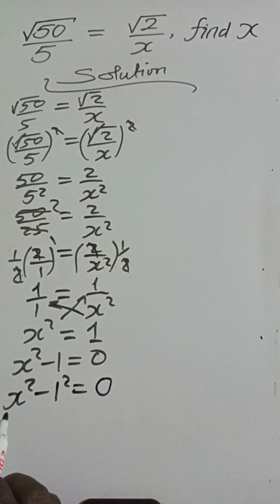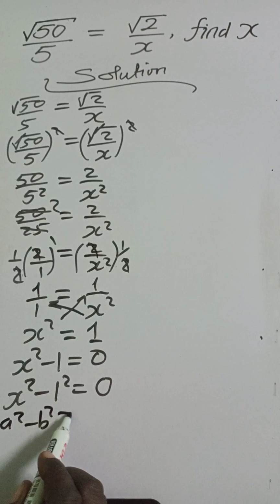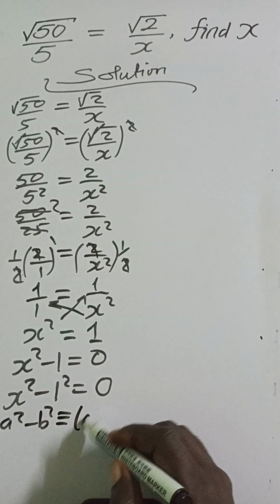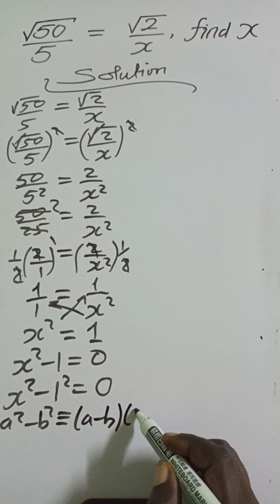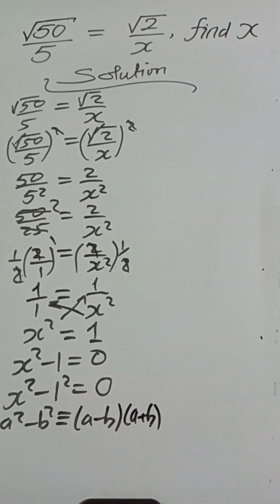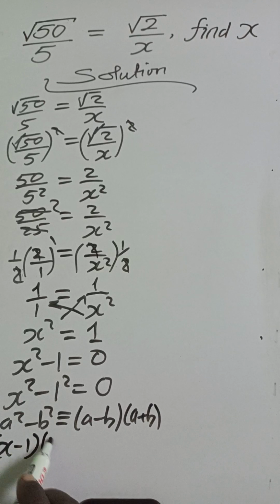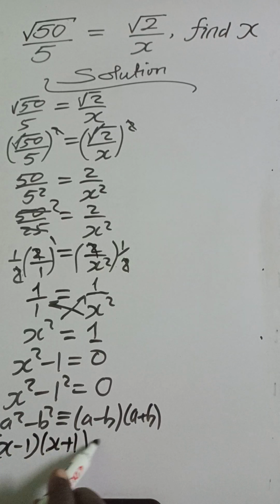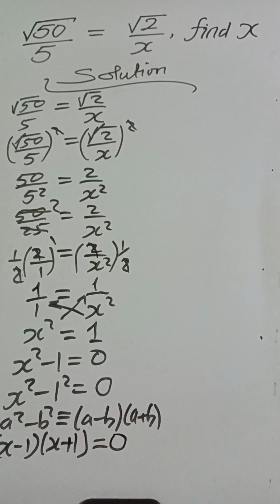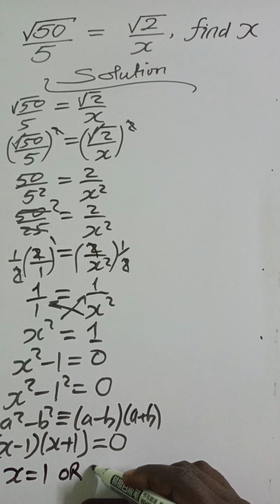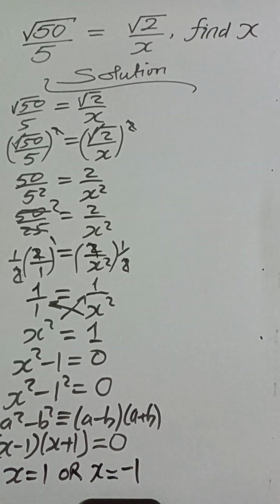Remember, 1 squared is the same as 1, but we'll write it like this so that we can clearly apply the difference of squares identity. When we apply this identity, we obtain x minus 1 times x plus 1 is equal to 0. From here, we see that x can either be 1 or x can be negative 1.